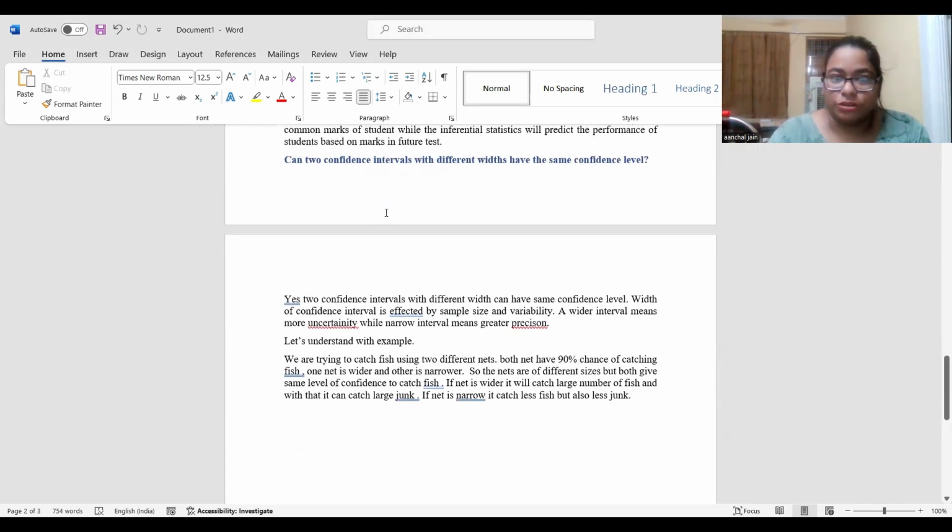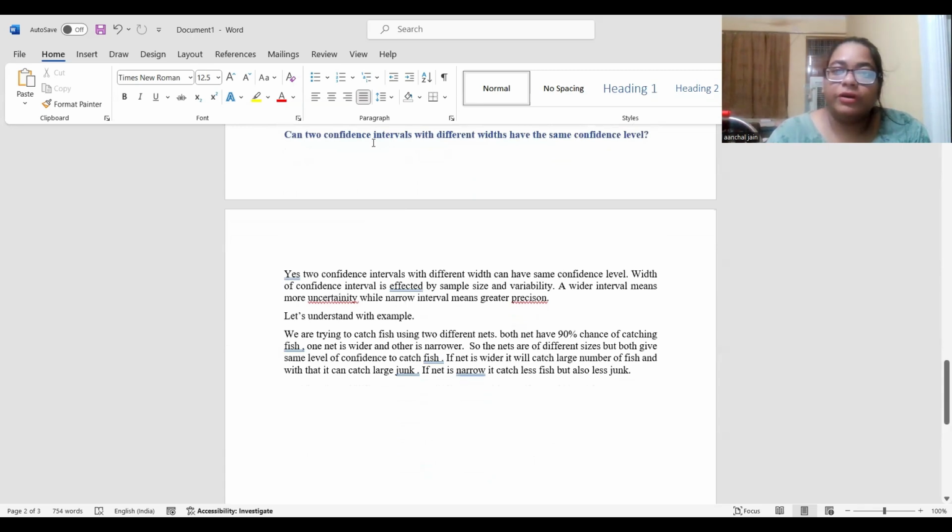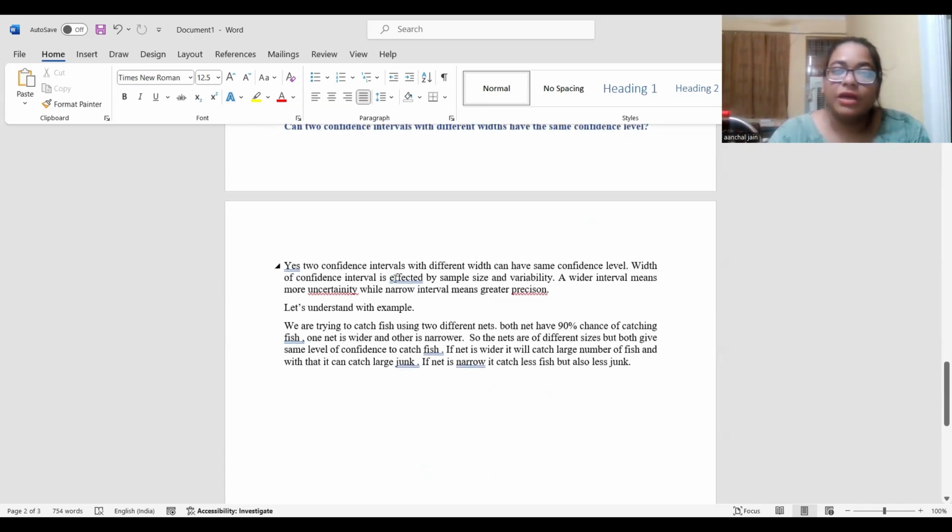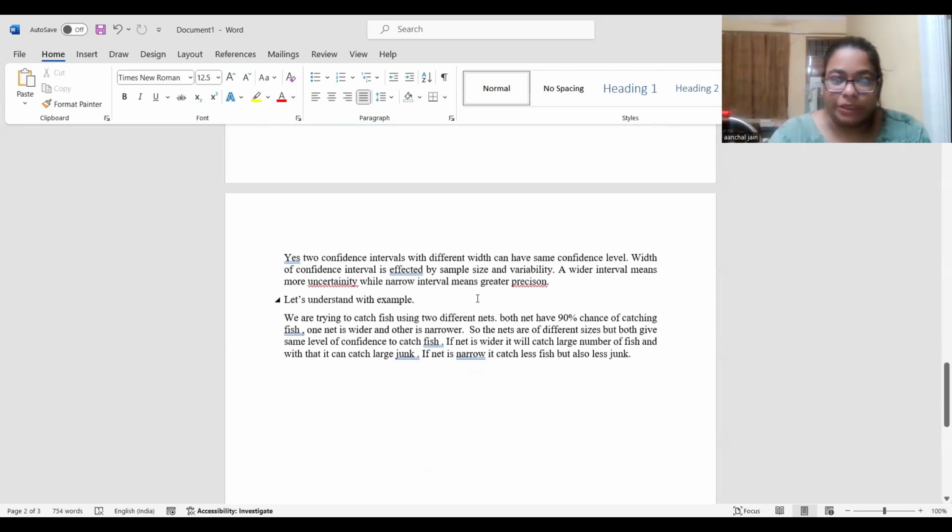Now, the fifth question. Can two confidence intervals with different widths have the same confidence level? So the answer is yes. Confidence intervals with different widths can have the same confidence level. The width of the confidence interval is affected by the sample size and the variability.